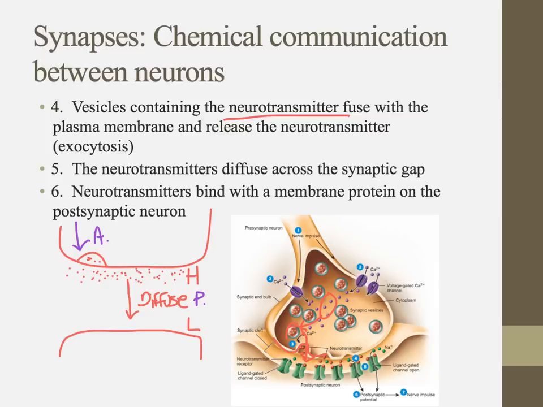All right, on the other side, on this postsynaptic neuron, there are some binding sites. Membrane proteins, one of their functions can be binding sites, and these little neurotransmitters are going to bind with these proteins after they diffuse across the synaptic cleft.